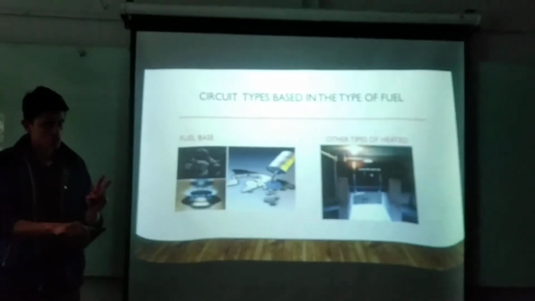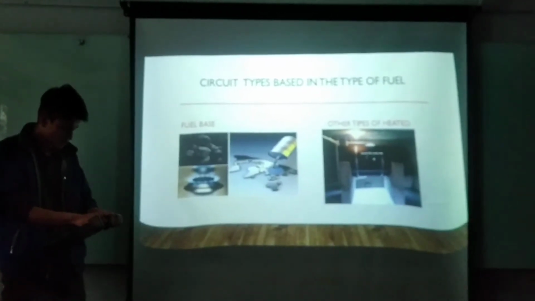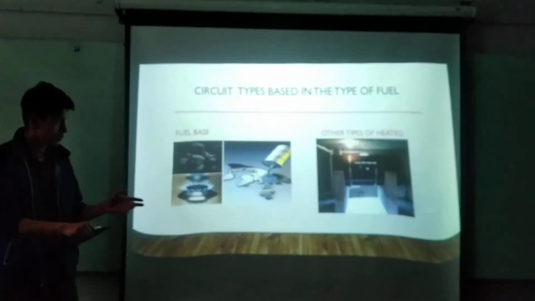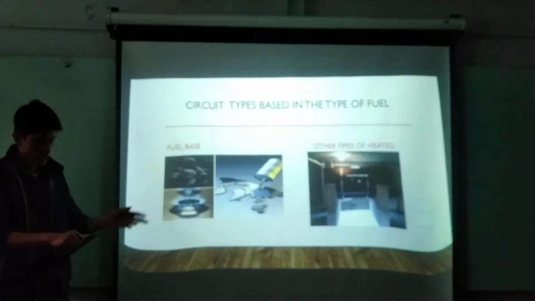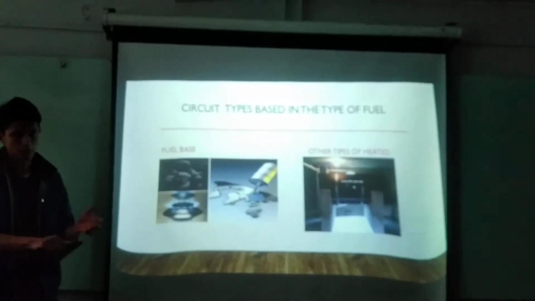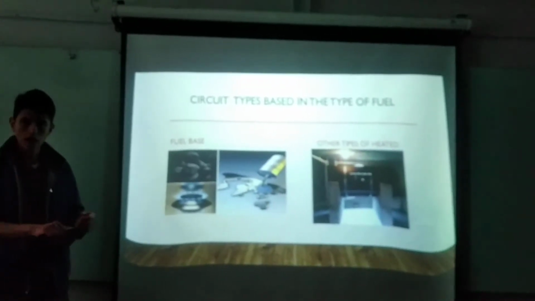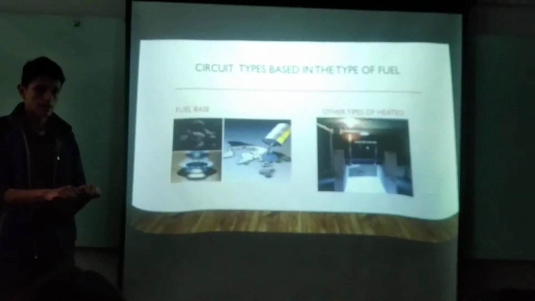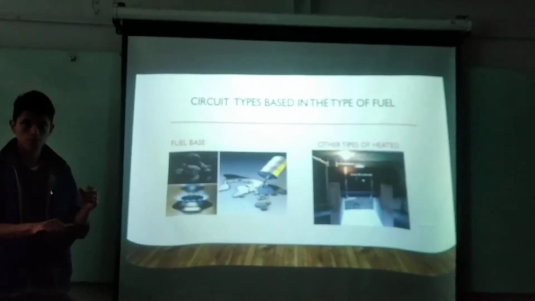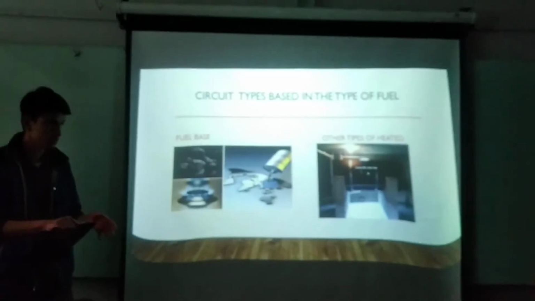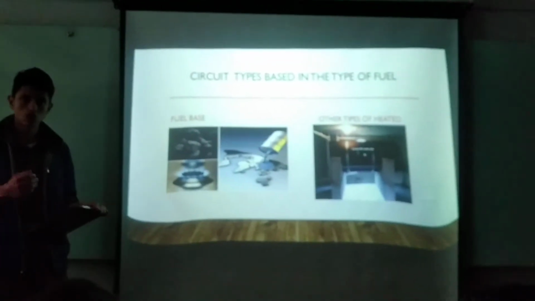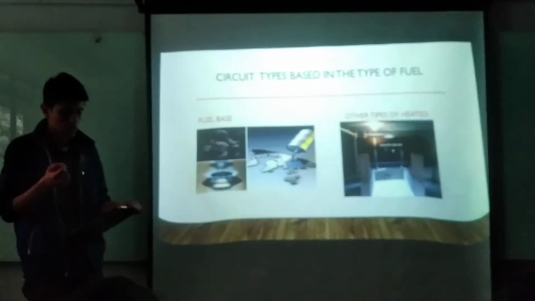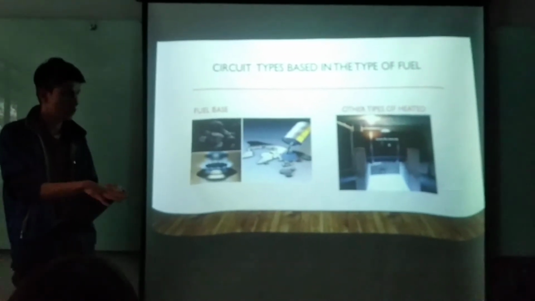There are two types of circuit. The first one, the fuel circuit, depends on the fuel that we're going to use, and gives us the characteristics of the discard zone and the materials that are going to be used to process this fuel.